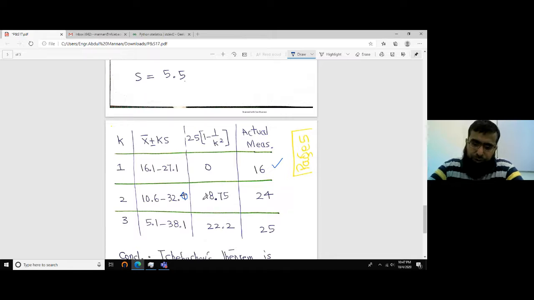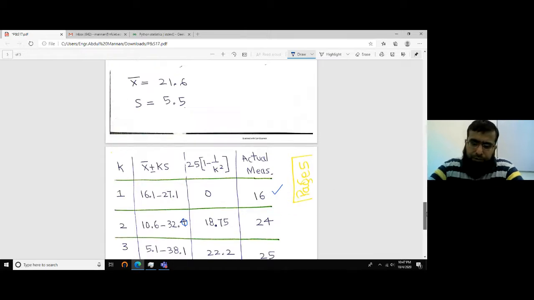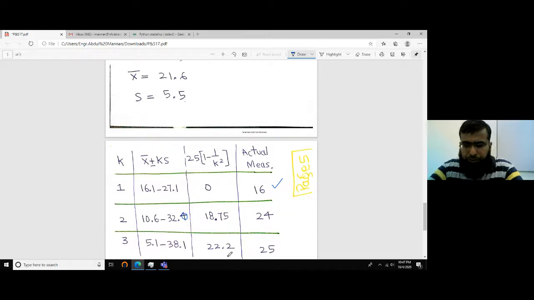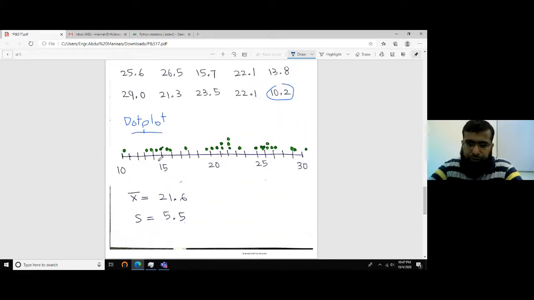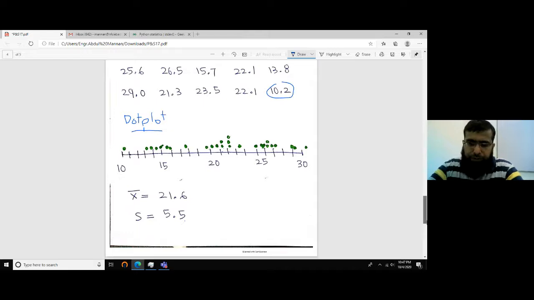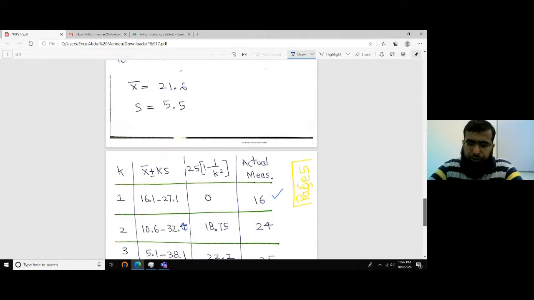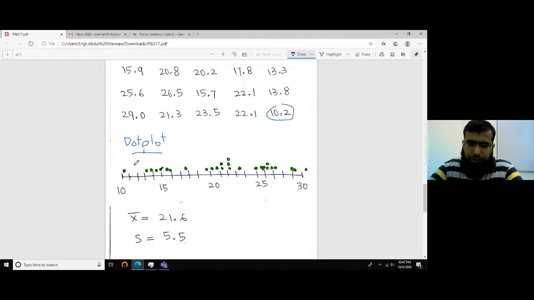So we should have approximately 19 measurements in this range, which goes from 10.6 to 32.4. In this range we should have at least 19 measurements, but we actually have 24 measurements. You can verify it from here, from 10.6 to 32.4.